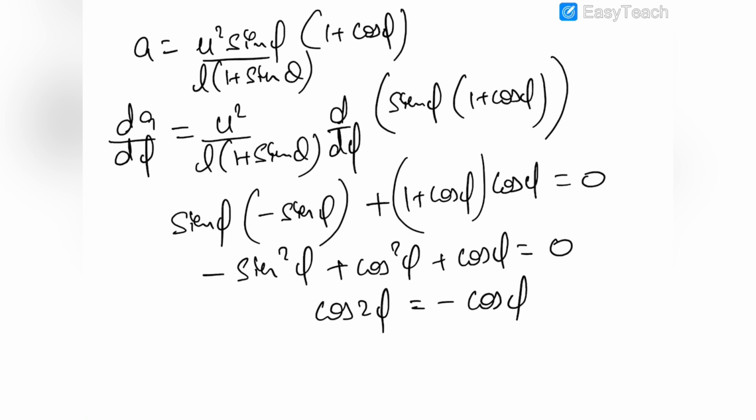Then phi would be equal to 60 degrees, which I have already calculated to save some time. So this is pi by 3.